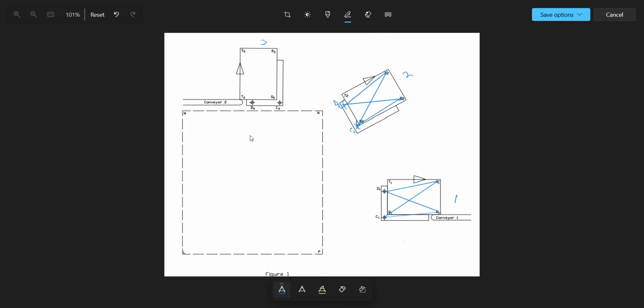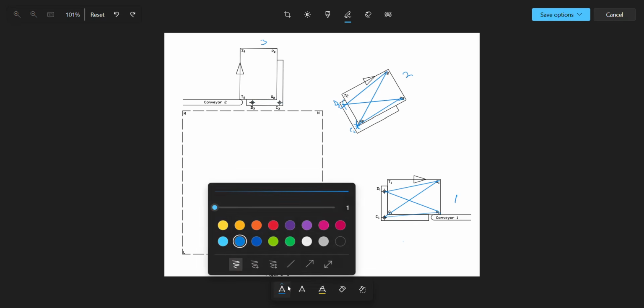The question says we should join D3 to D2 and then from D2 to D1. So let's do that. I'm joining D3 to D2. Sorry, let me use a different color.